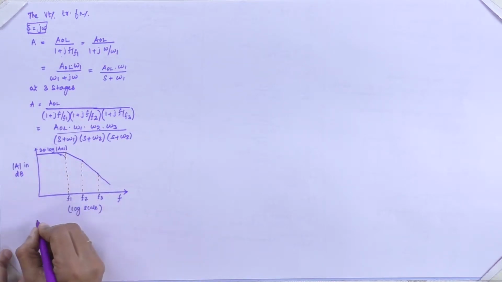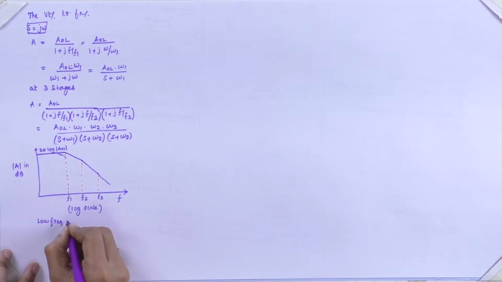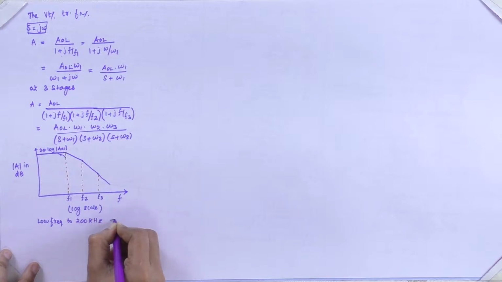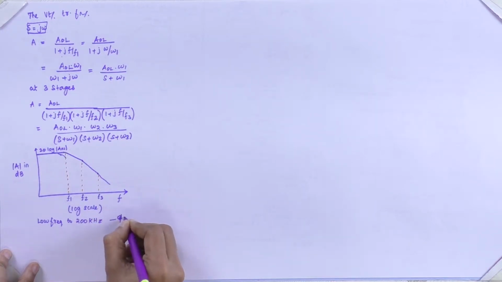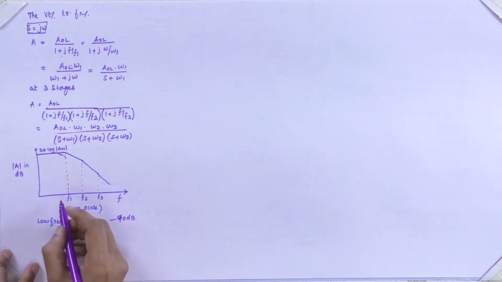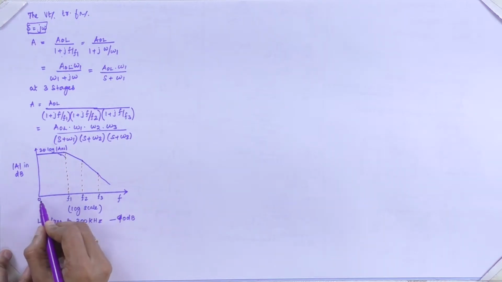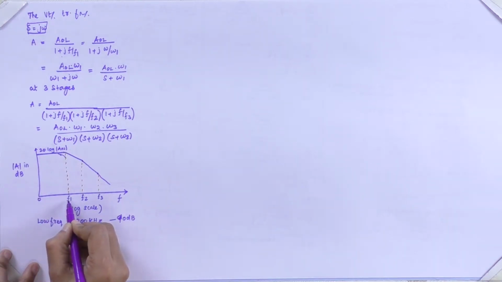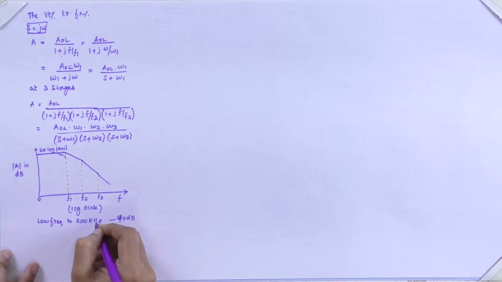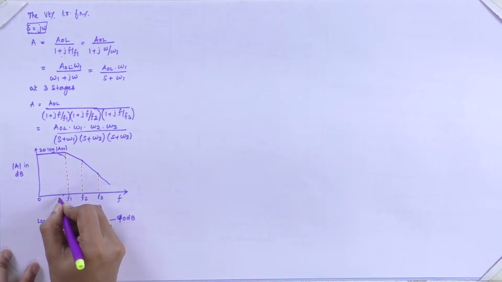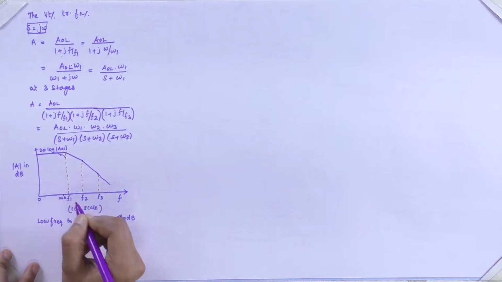So in this we are getting the low frequency to 200 kilohertz. It maintains 90 decibel. So from 0 frequency to here, the frequency is at 200 kilohertz. So I can make this one as 100 kilohertz.